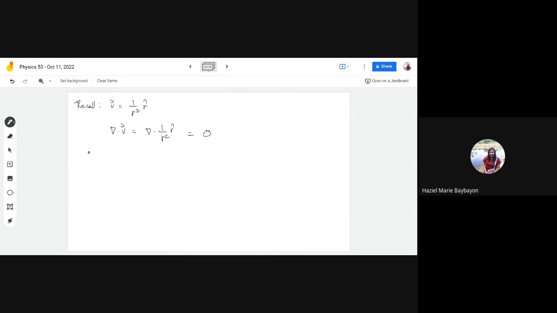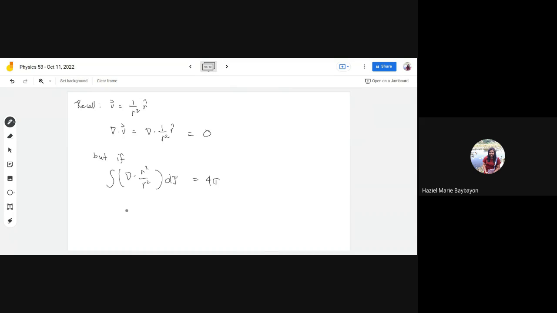But if you integrate this function over all volume, what we get is 4 pi. Okay.